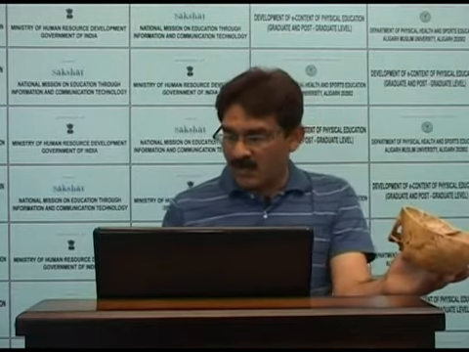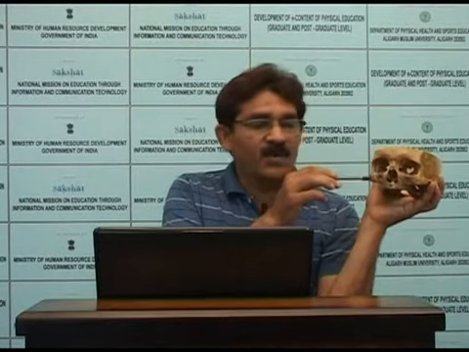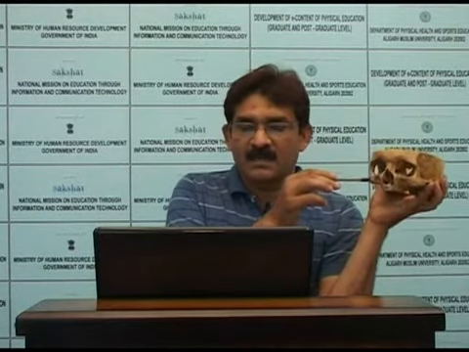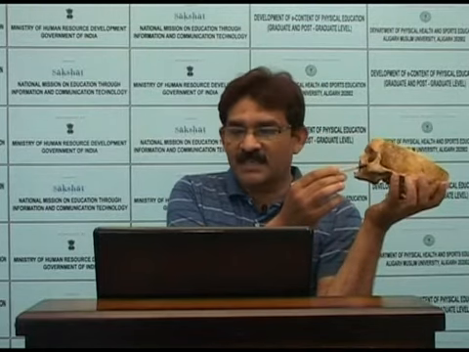Backward is the orbit of the eye. In front of this the lacrimal bone is situated here, the zygomatic bone is present here, and these are the nasal conchae. This is the vomer bone in the lower side, the mandible, the teeth, and the maxillae.